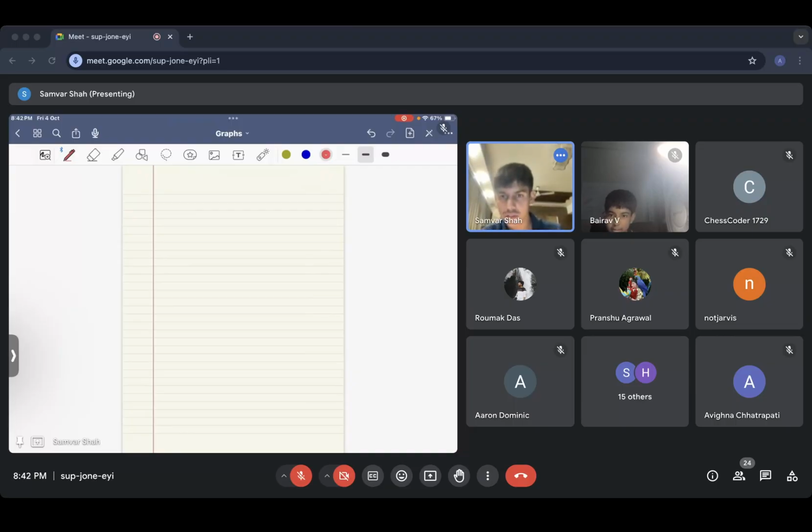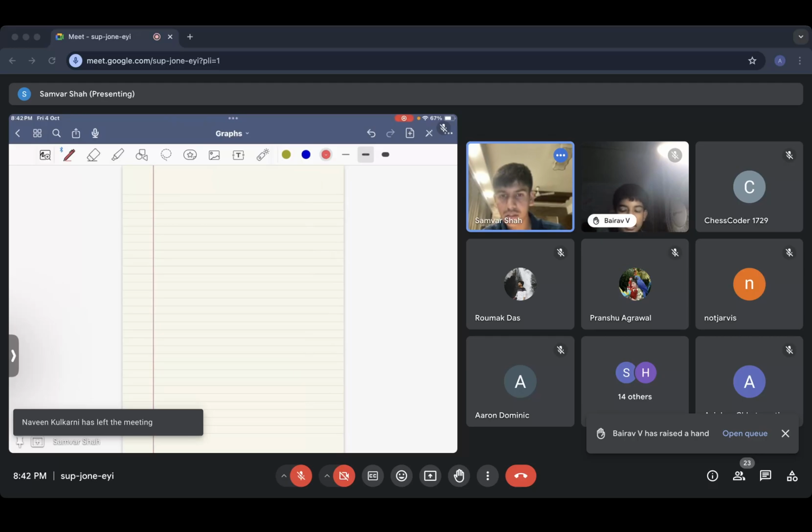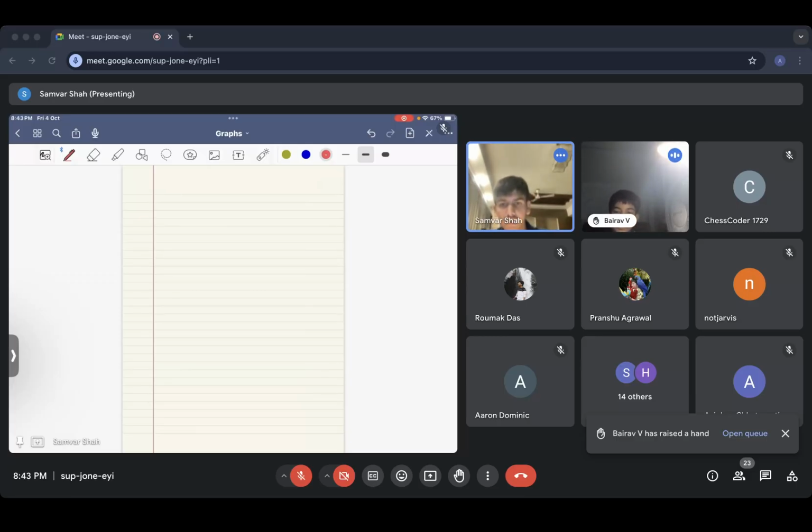One second. If we visit a visited node, we had done DFS. Oh, yeah, Bhairav, go on. What if we just have the graph A, B, and C, where there is an edge from A to B, B to C, and A to C?